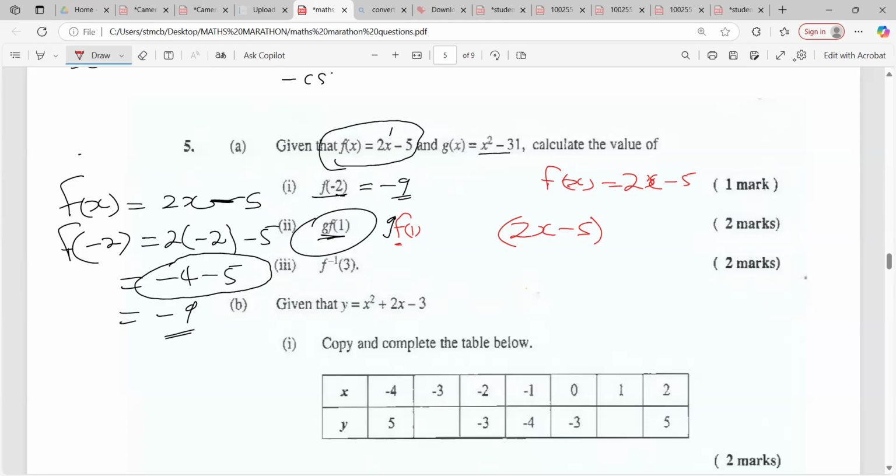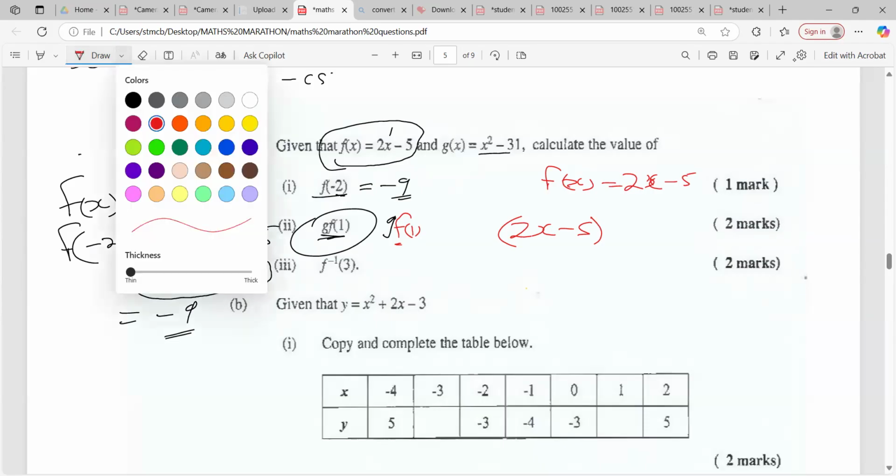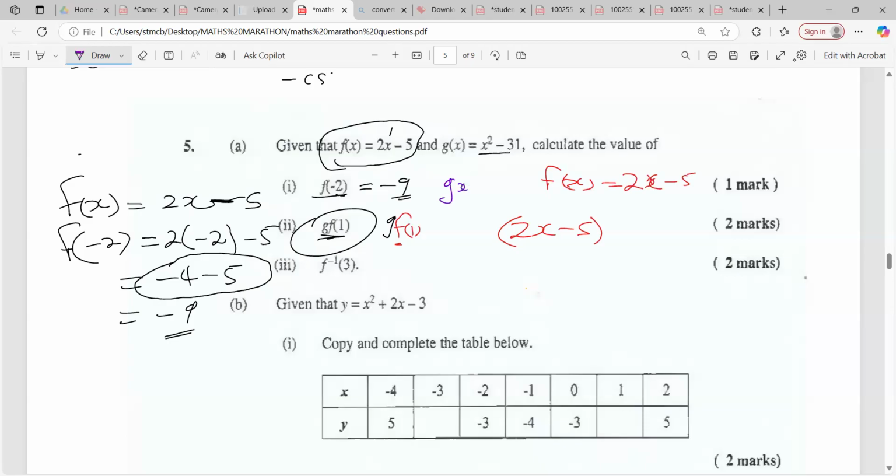Work with me now, guys. Now, G, let me write G in a color here. G of x, I could say it's x squared minus 31. Now, anywhere we say x, we're going to put this. So this is x already, right? So this is x squared, all of this, minus 31.